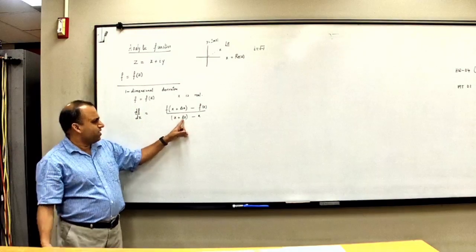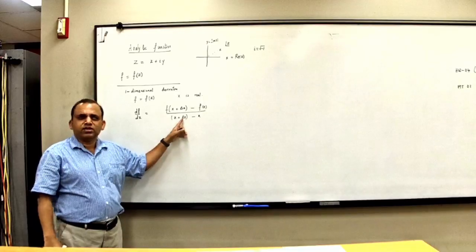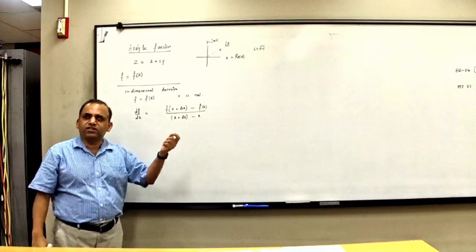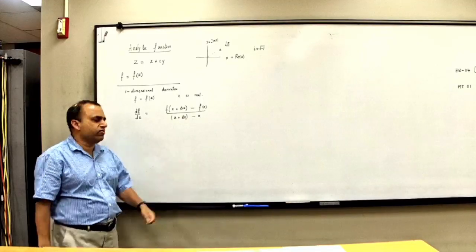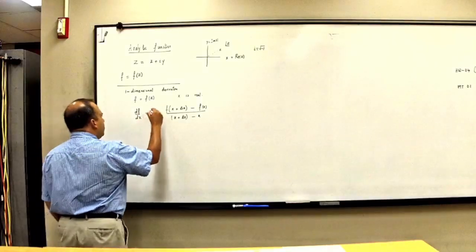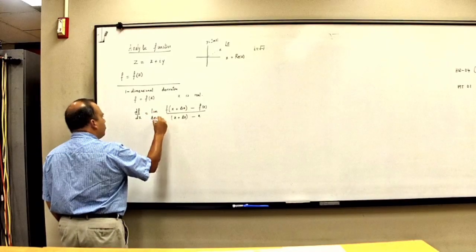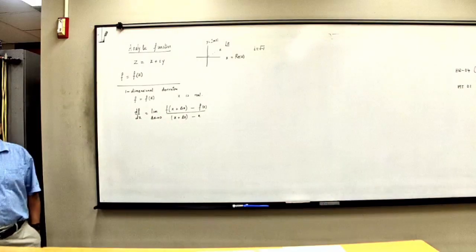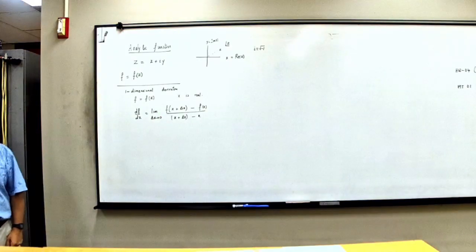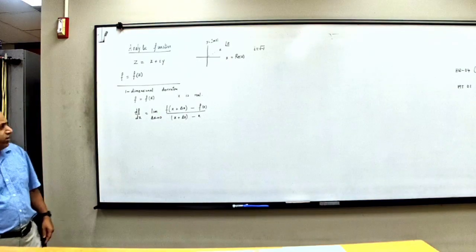First you say the change could be anything, but then you're interested in really tiny changes, infinitely tiny changes. So you want to take the limit delta x tends to 0, right? So that's the definition of the derivative.